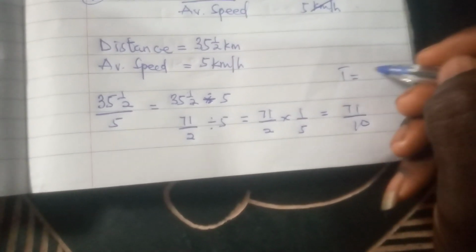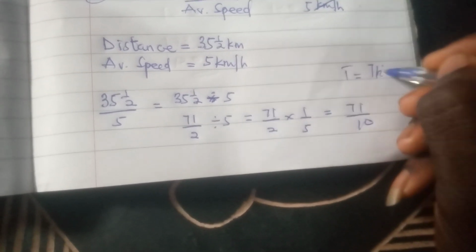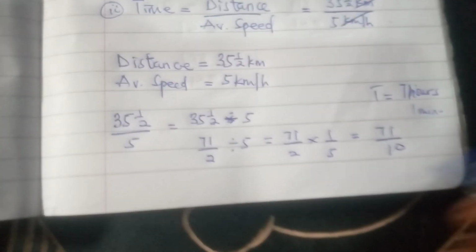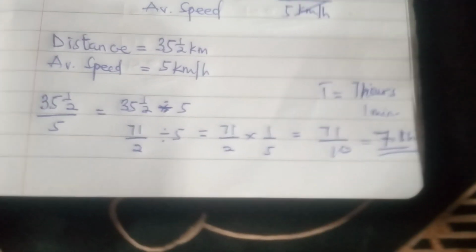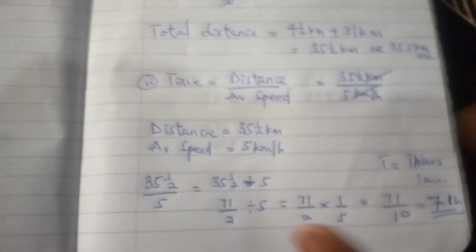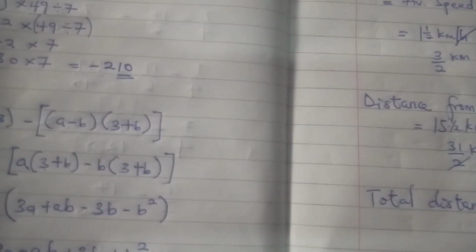So the time a bicycle takes is 7.1 hours. And this was what the question was demanding. So the time a bicycle can take to travel from the village to Kwamu is about 7 hours. Good. So this is how the solution for question 1 and 2 is supposed to be.